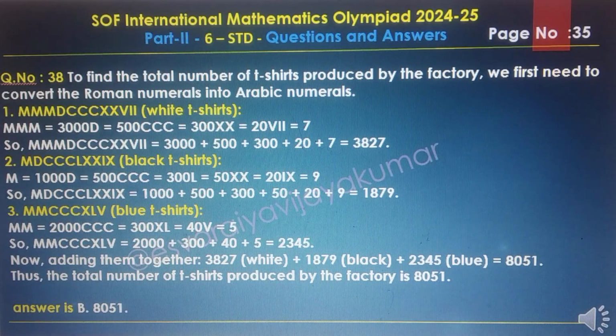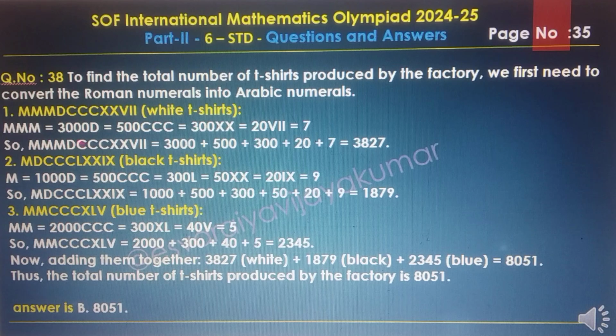To find the total number of t-shirts produced by the factory, we need to convert the Roman numerals into Arabic numerals. First, for the white t-shirt, we mentioned the numeral, and D is equal to 500 and C equal to 300. Like that we can separate.